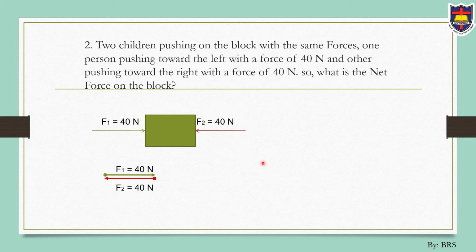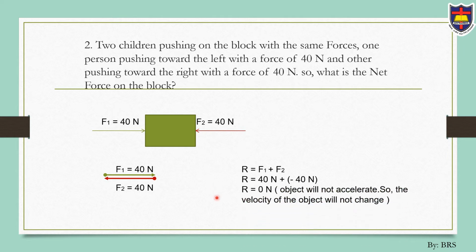This is the illustration. From the formula of resultant of force, R equals F1 plus F2, 40 Newton plus minus 40 Newton because F2 direction is to the left. So we can find the resultant of force is 0 Newton. It means the object will not accelerate, so the velocity of the object will not change.